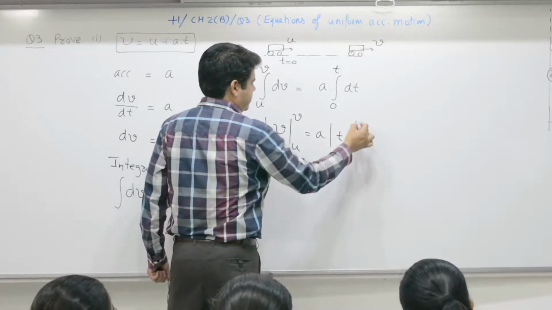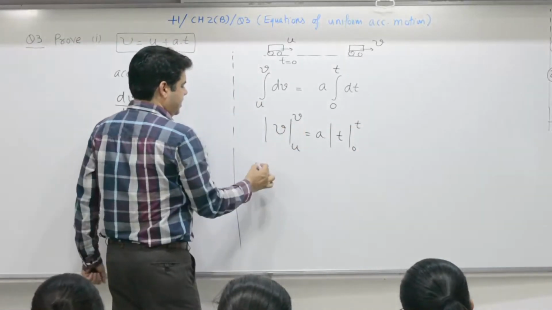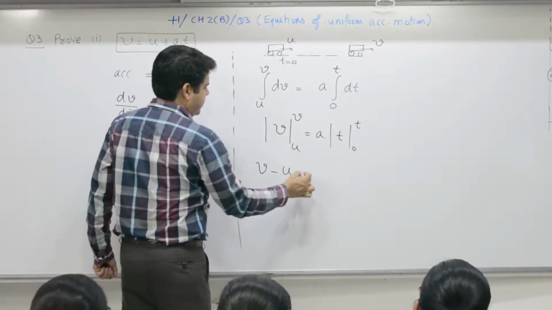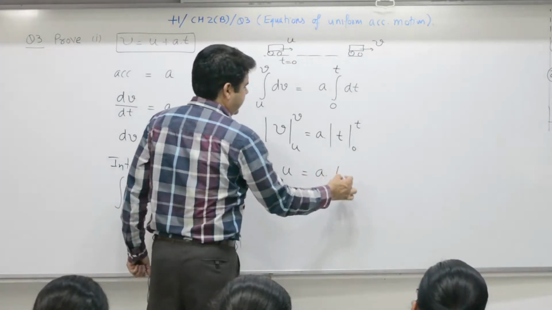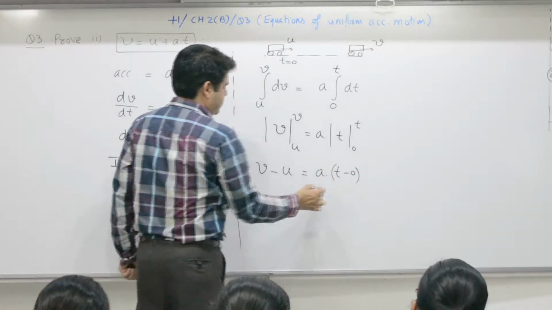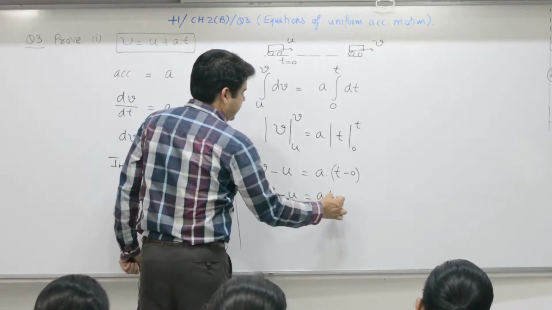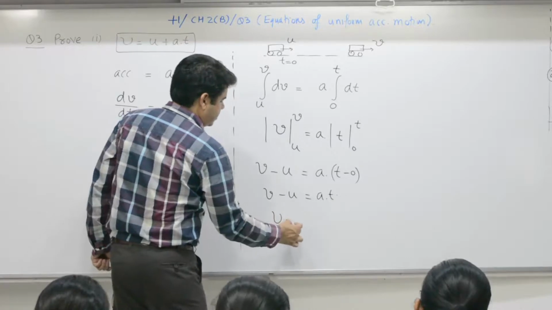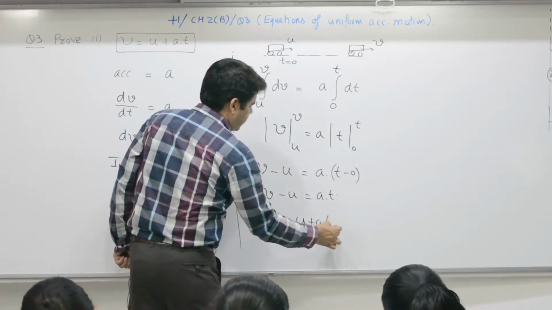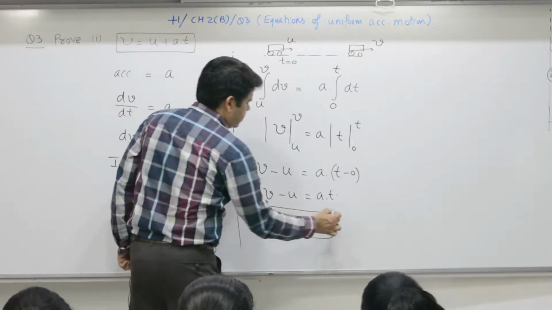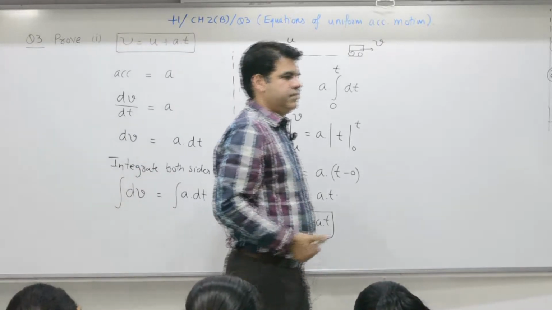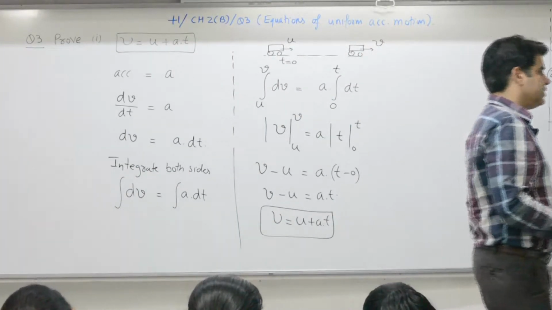Limits: upper limit v minus lower limit u is equal to at. v minus u is equal to at, so v is equal to u plus at. Time with you is two minutes to complete.